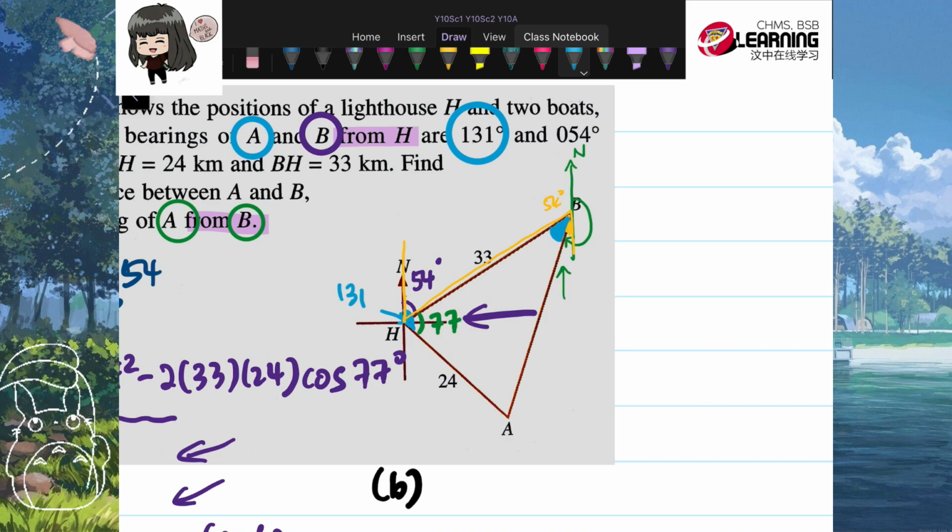Then only can you find the green one, the angle that I am asking you to find here.